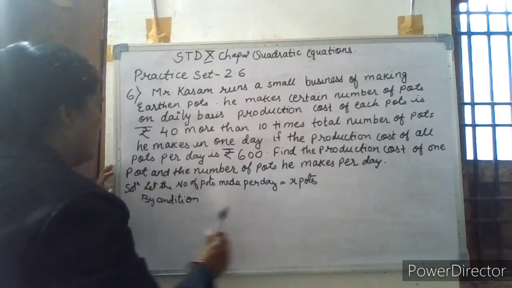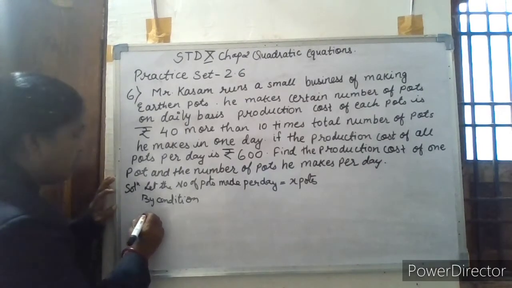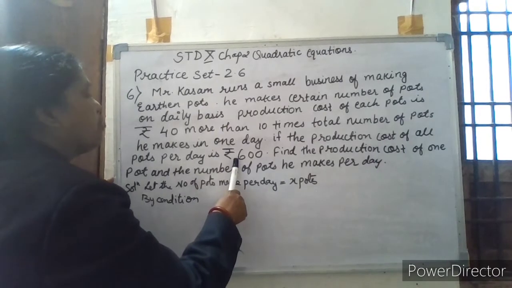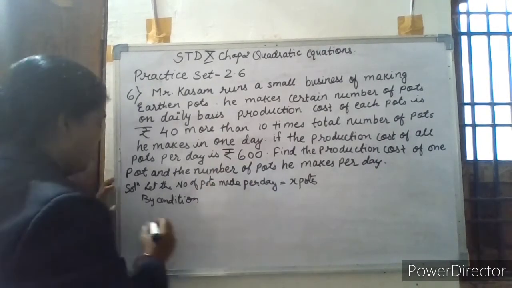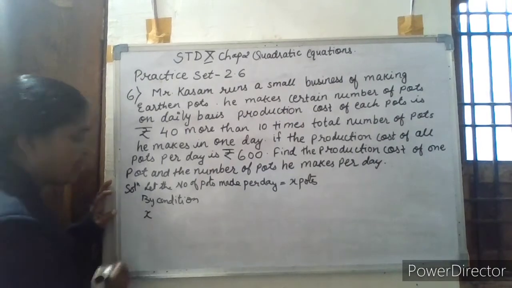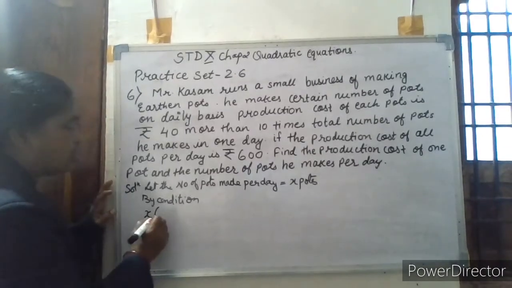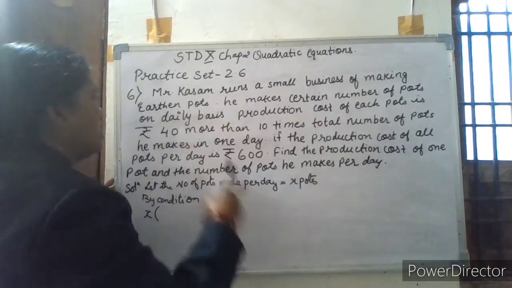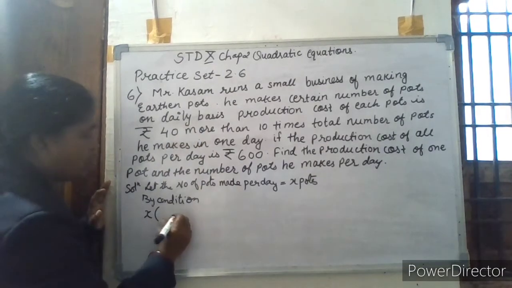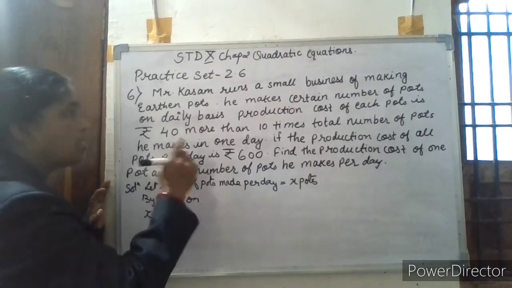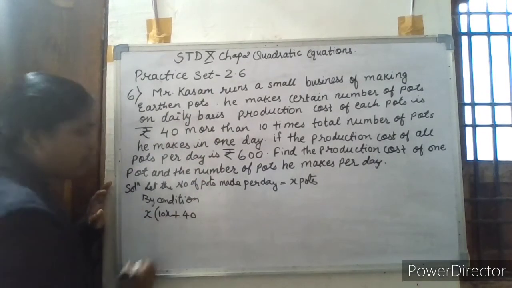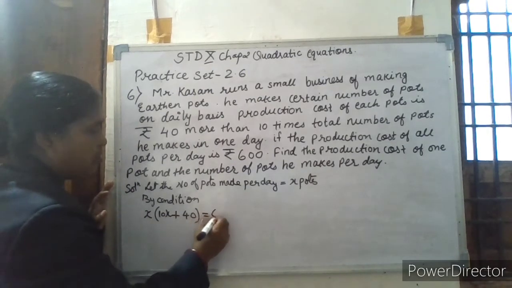So the condition will be, the number of pots he makes into the production cost of one pot, that is 40 rupees more than 10 times the total number of pots, 10x, in this way. This is equal to 600.